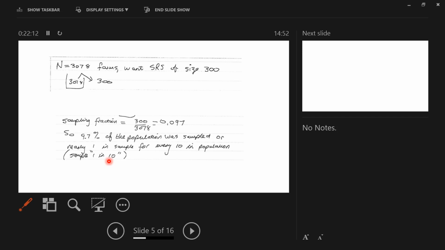Like 0.097, if I say to you, talk about your sampling, you say, I sampled 1 out of every 10, roughly. You must use the language that everyday people speak in. Think of it as explaining to a grandmother. I picked 1 out of every 10. Everybody understands that. But when you say I used a sampling fraction of 0.097, it means nothing.